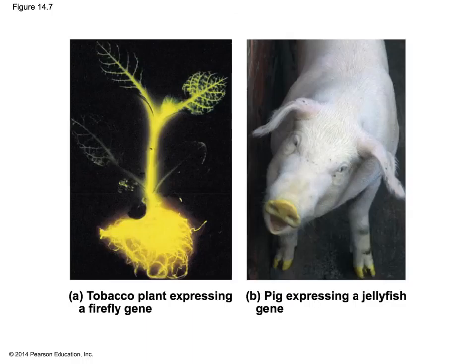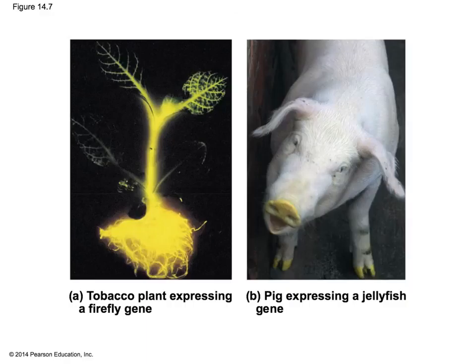We took that firefly gene and we can put it into a pig. Or in this case, this is a jellyfish gene, same thing. Okay? And you can make a pig glow yellow. They have dogs that glow red. They have cats that glow green. They have cows that glow green. And on and on and on. All because they are producing a bacterial or a jellyfish or whatever gene that's not usually inside them, but because the cell has that machinery and the code is conserved, it can be done.